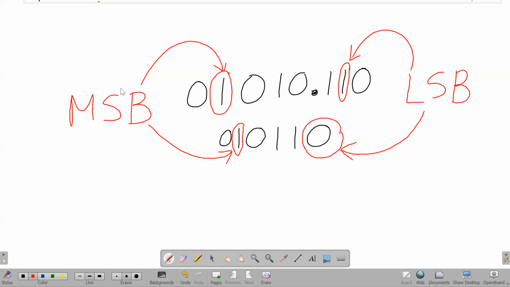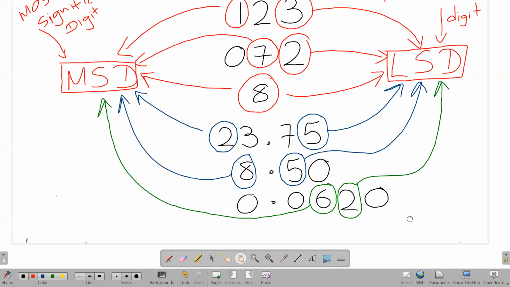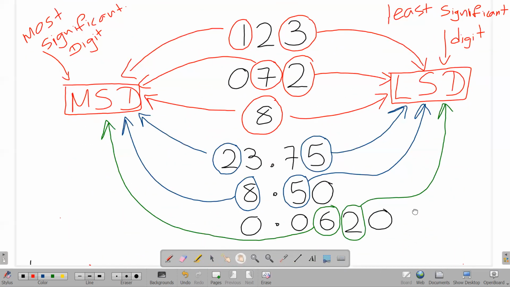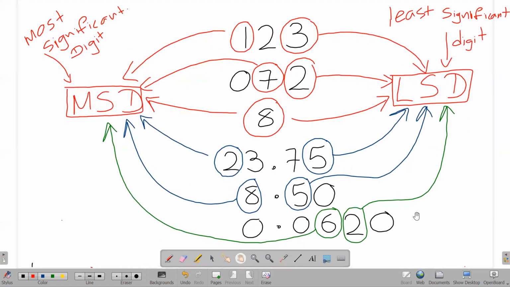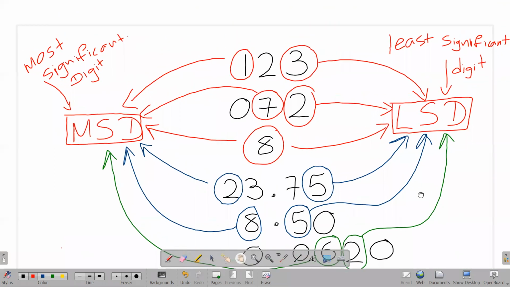Yes, Dua. It is a whole number. It doesn't have any decimal points. So when it does not have a decimal point, the least significant one is going to be the rightmost value, like we did for the least significant digit as well. So then we can consider 0.